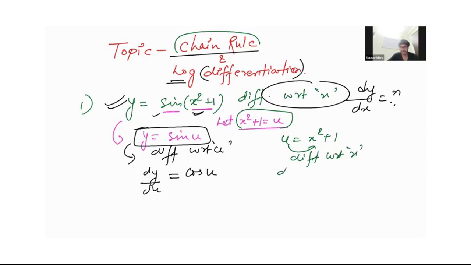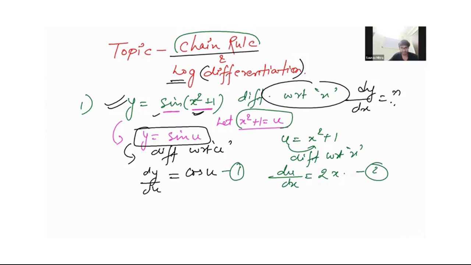That means du by dx will become 2x. Finally, we have two equations: first we find dy by du, because y is in terms of u, and from here we find du by dx, because u is in terms of x.